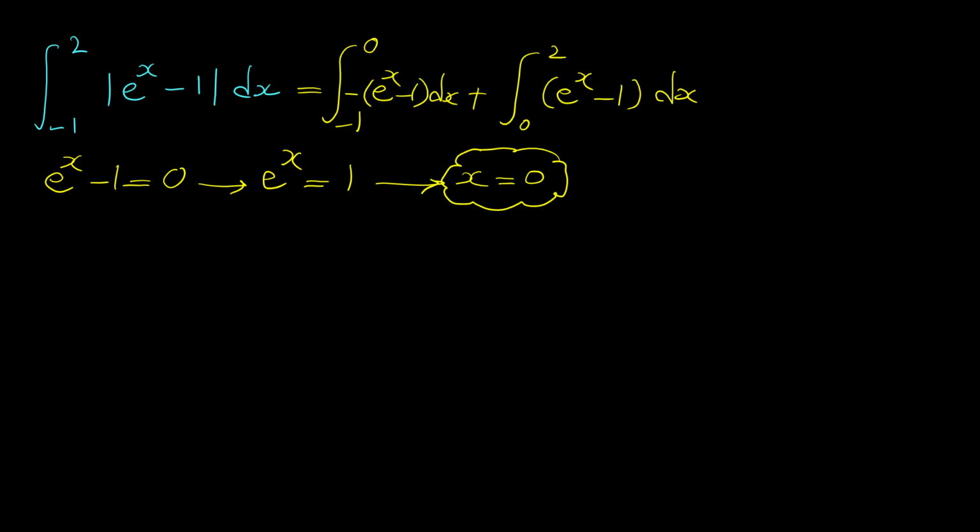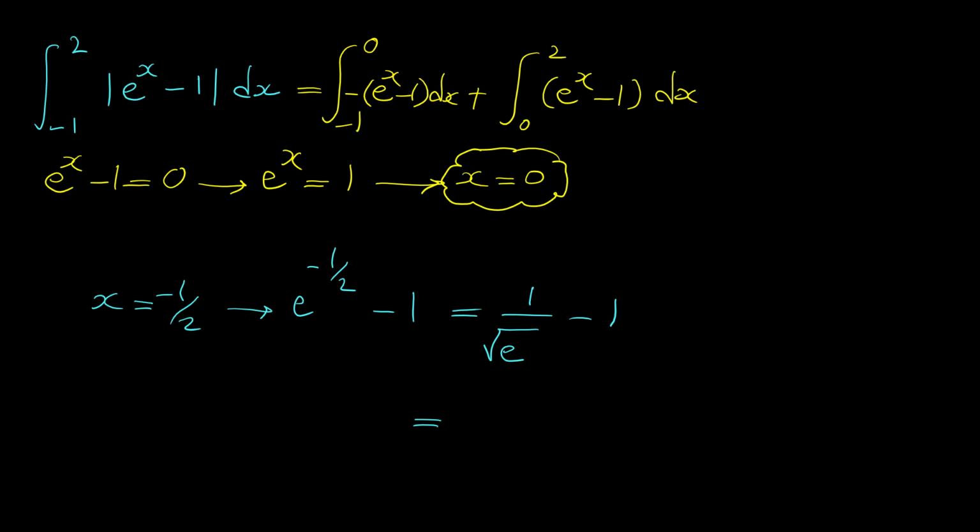And if you want, you can check it by substituting a number in the expression. Let me show you how. From negative 1 to 0, you can consider x as, for example, negative 1, or negative 1/2, numbers like that. If, for example, we choose negative 1/2, then we have e to the negative 1/2 minus 1. E to the negative 1/2 is basically 1 over the square root of e, minus 1.